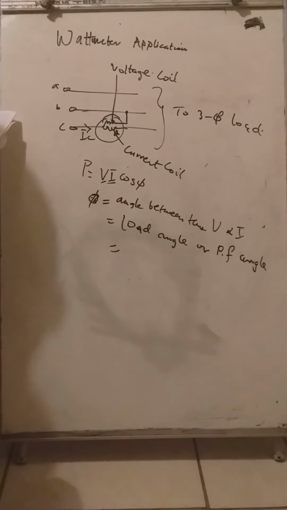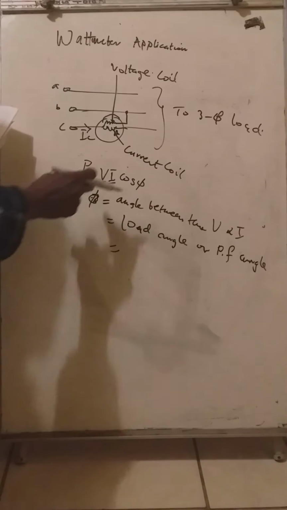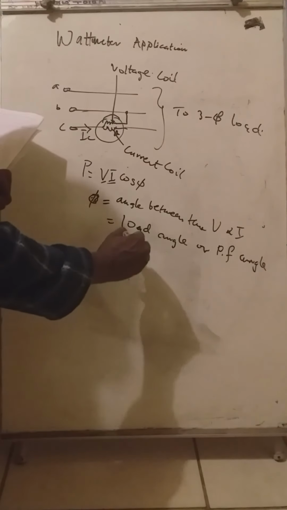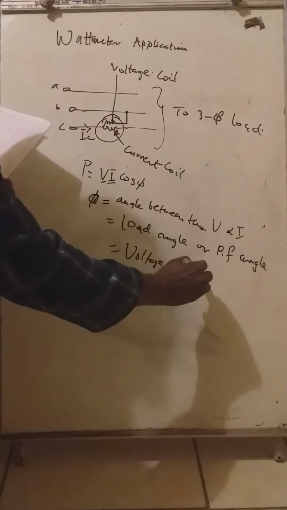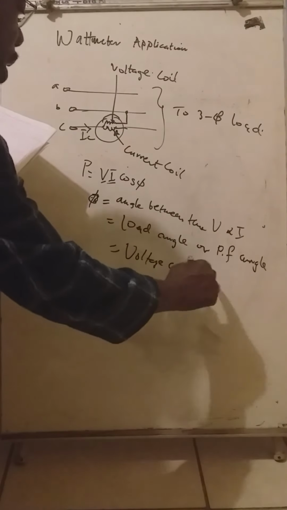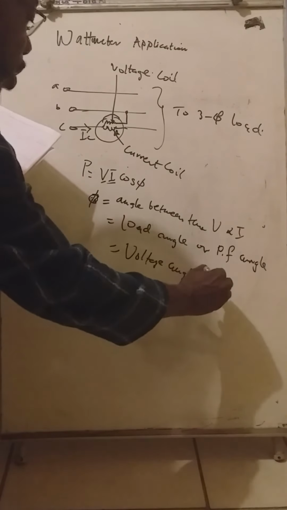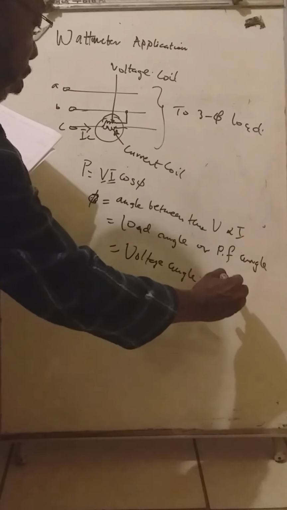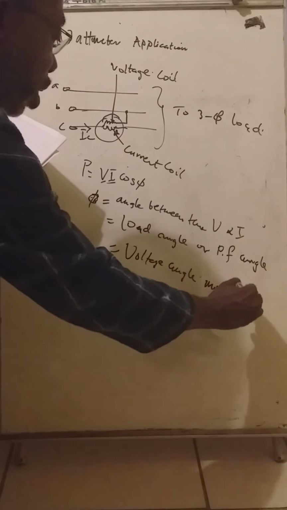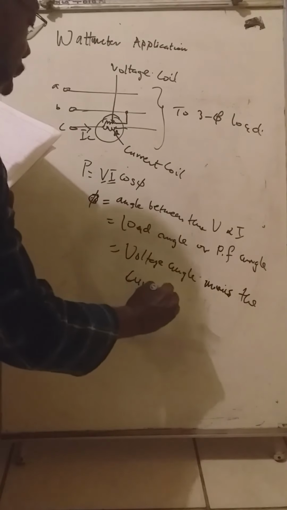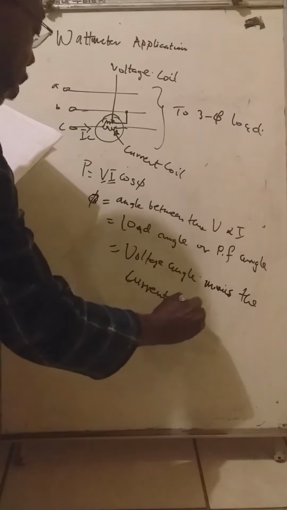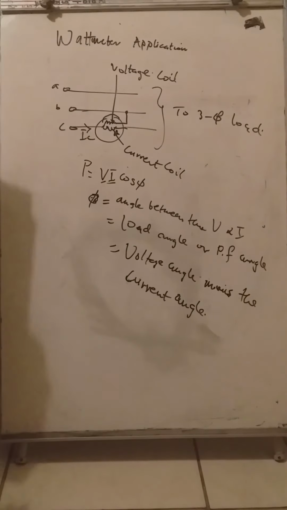That is phi, which is the voltage angle minus the current angle.